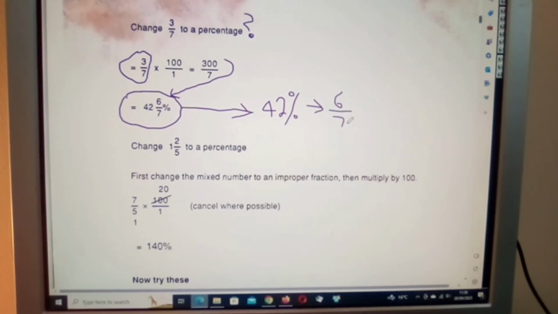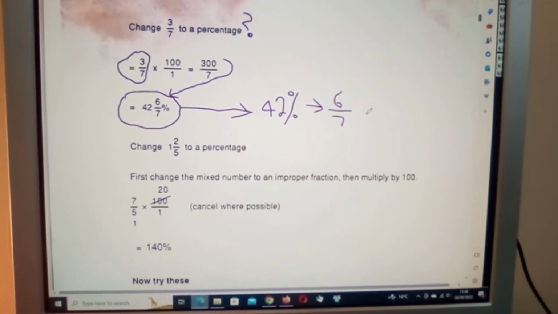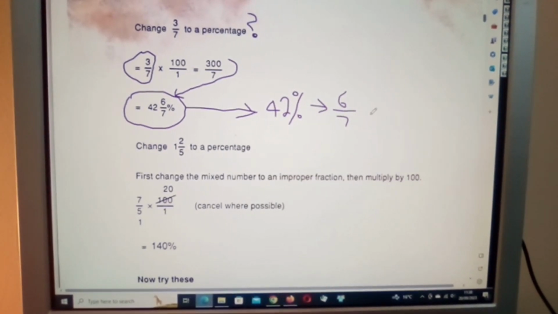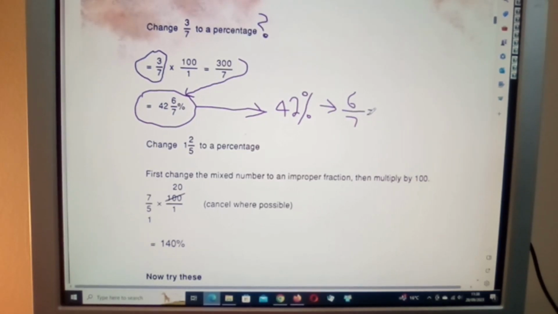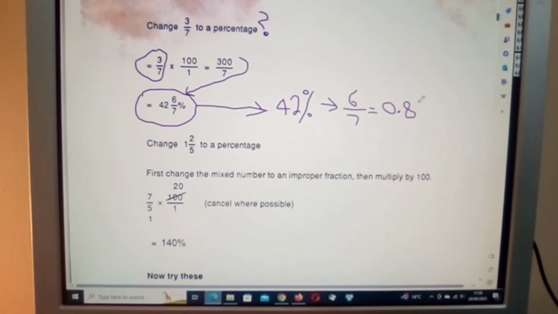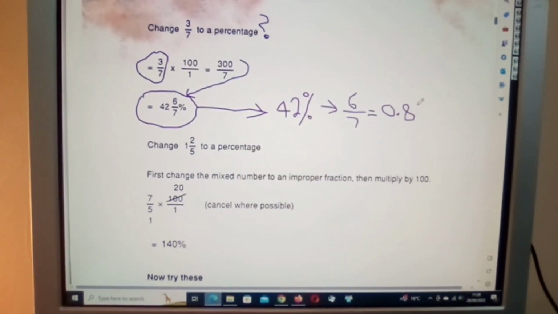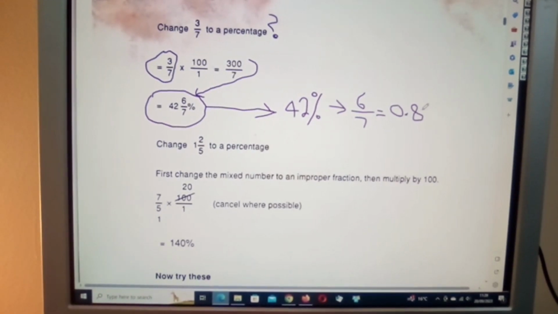So we have 6 divided by 7. So therefore, that comes down to 0.85. I'm going to stick with 0.85 for now.